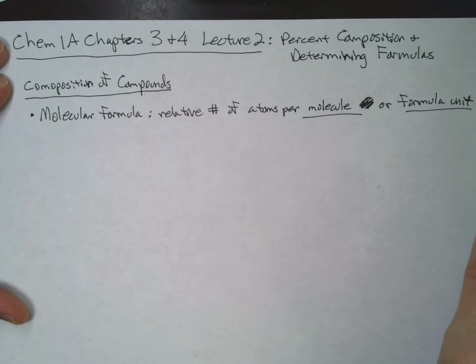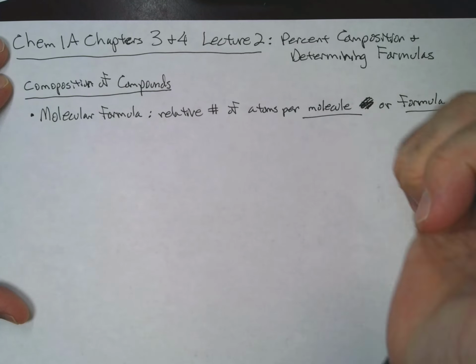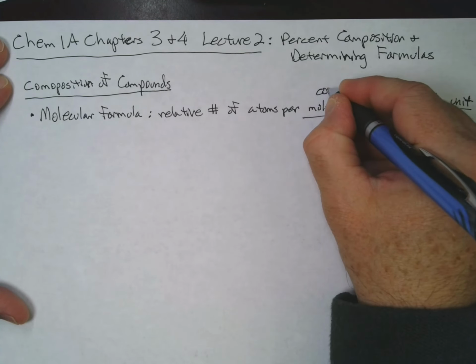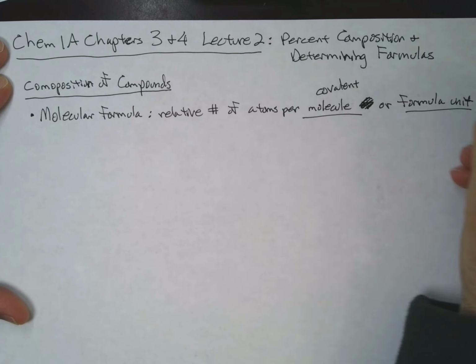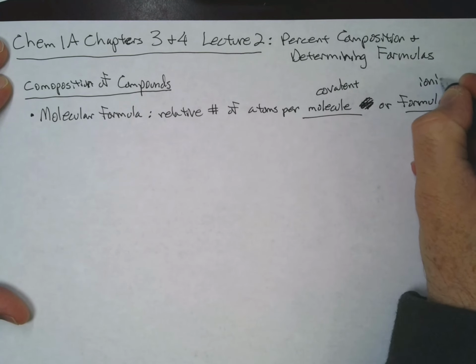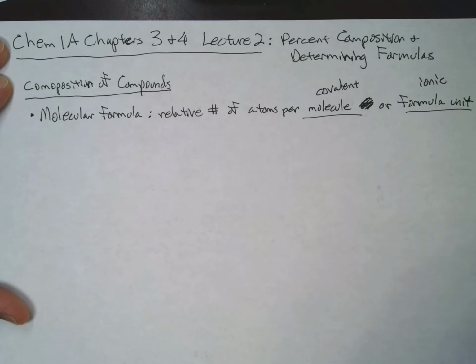Now you're never going to actually see an NaCl molecule, but rather you'll have a crystal of sodium chloride, a crystal of table salt, in which the ratio of sodium atoms to chlorine atoms is 1:1. And that's because typically when we talk about molecules, we're talking about covalent compounds. And when we talk about formula units, we're talking about ionic compounds.